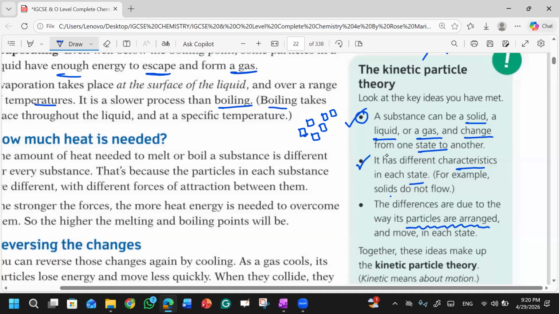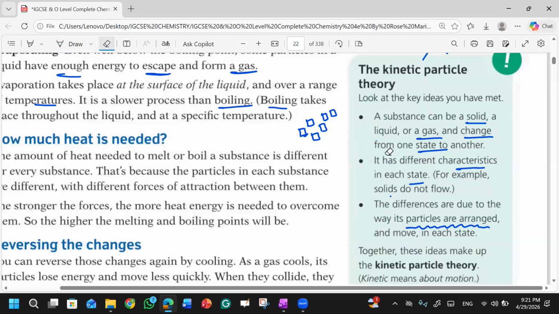Yes, very little intermolecular interaction in gases. That's why there is arbitrary motion. They randomly move anywhere in any direction. Gases have random motion. So all these ideas are collectively known as the kinetic particle theory.